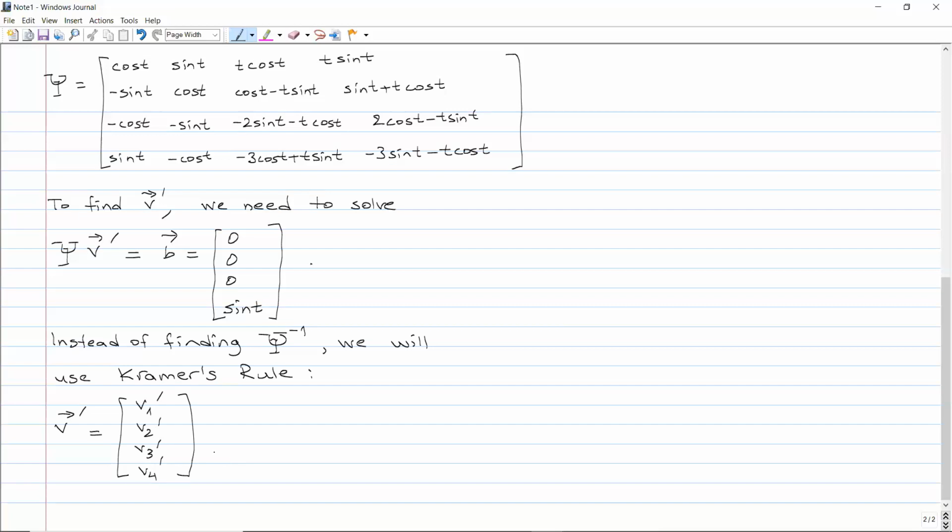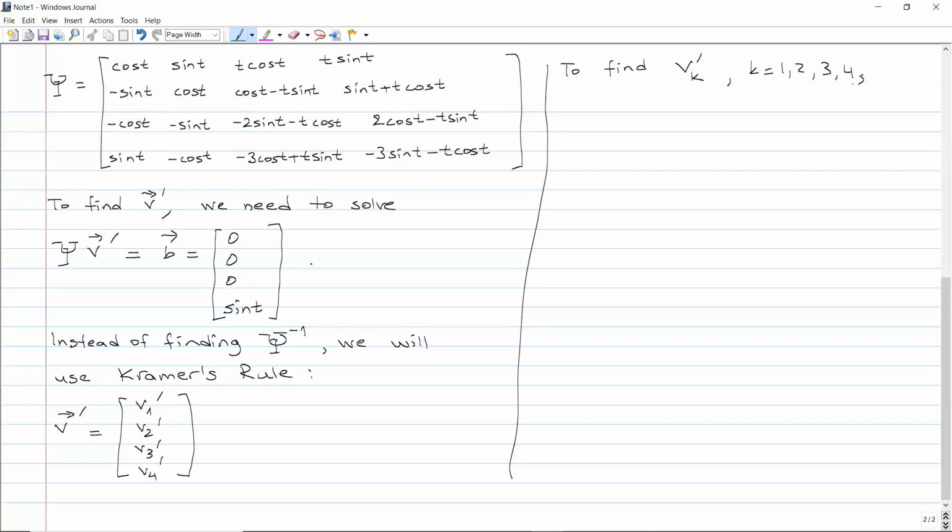Now, to find either one, the first, second, third, or fourth, what we do is this. To find Vk prime, k may be 1, 2, 3, or 4, or for larger systems, it may be 5, 6, 7, 8, whatever, depending on the dimension of the system.